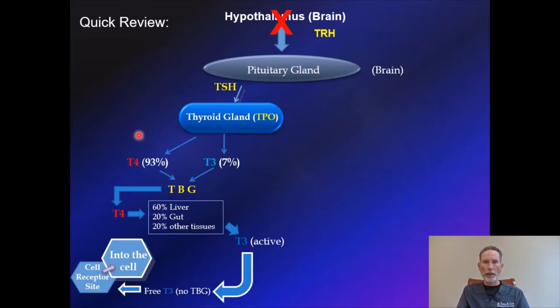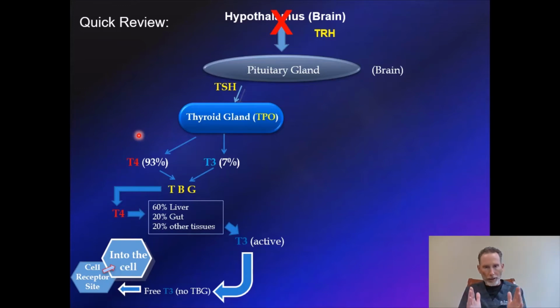So you could have a brain-based problem resulting in poor thyroid function. How would you know this? Well, because your TSH would be low. But remember, you have to look at the right ranges, as we covered in a previous video. Go back and review that if you don't remember.